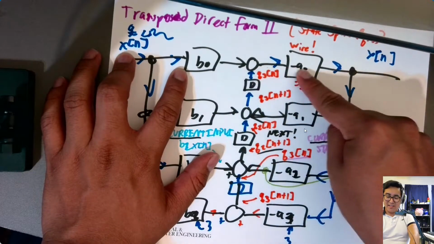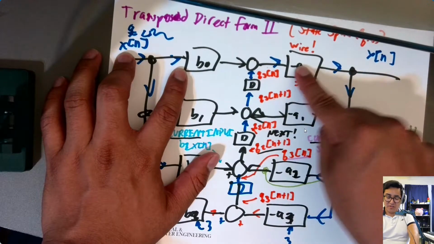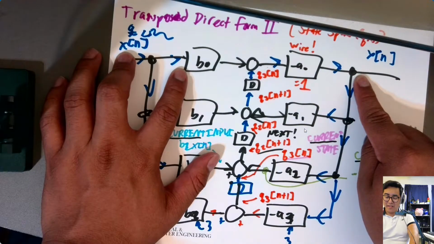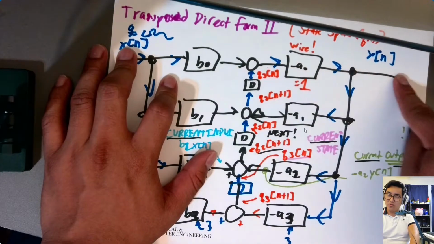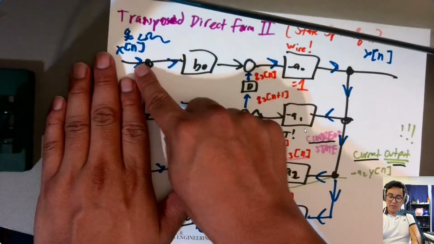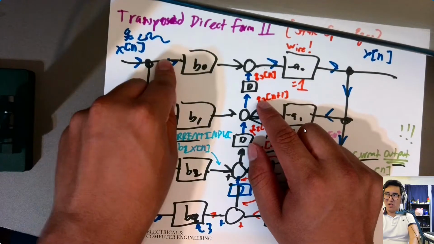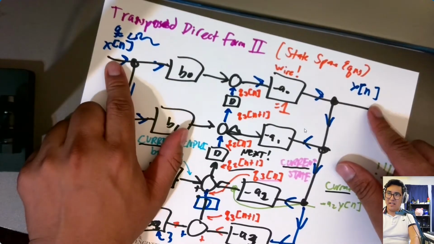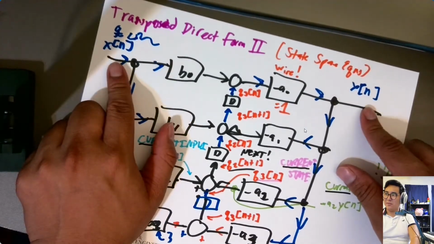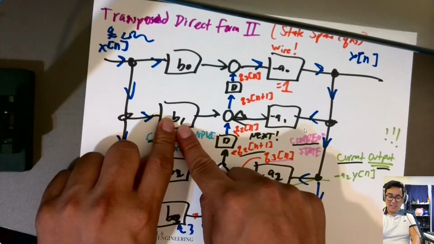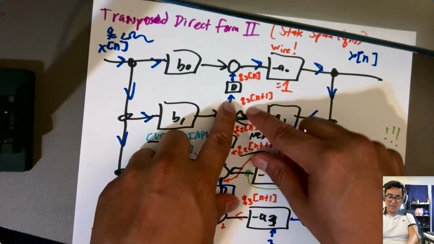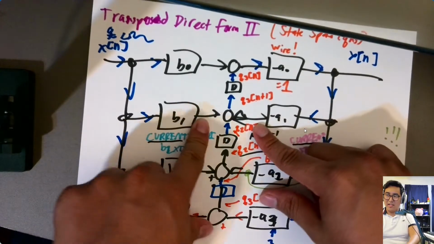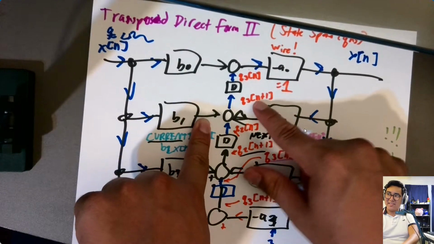It just gets added, another gain. This is just a wire, by the way, and it just goes straight from the input to the output. The minute you touch this wire, you get an instant signal right here. It's current output, current input. Then you throw the water here, and it just gets stuck here. There's nothing for it to go to. It just stays there. What's the next state?